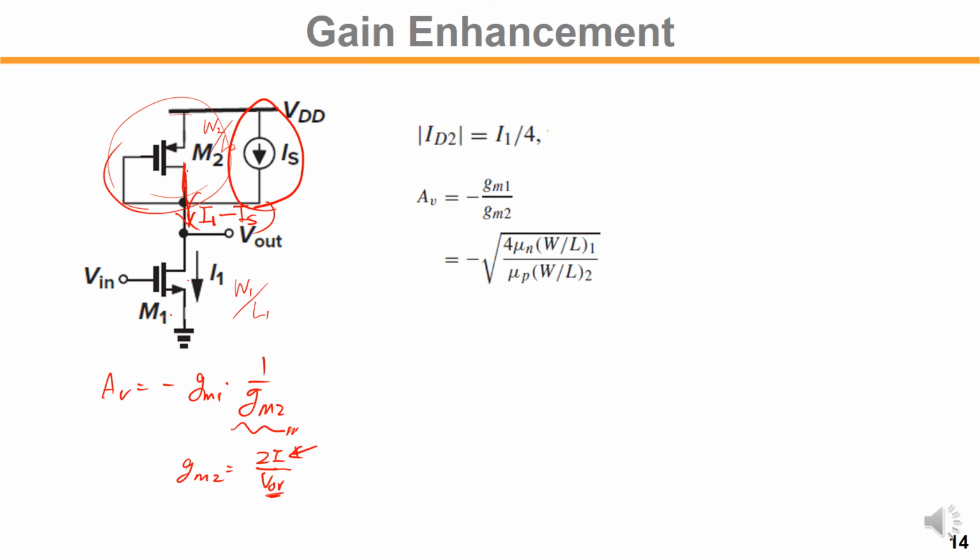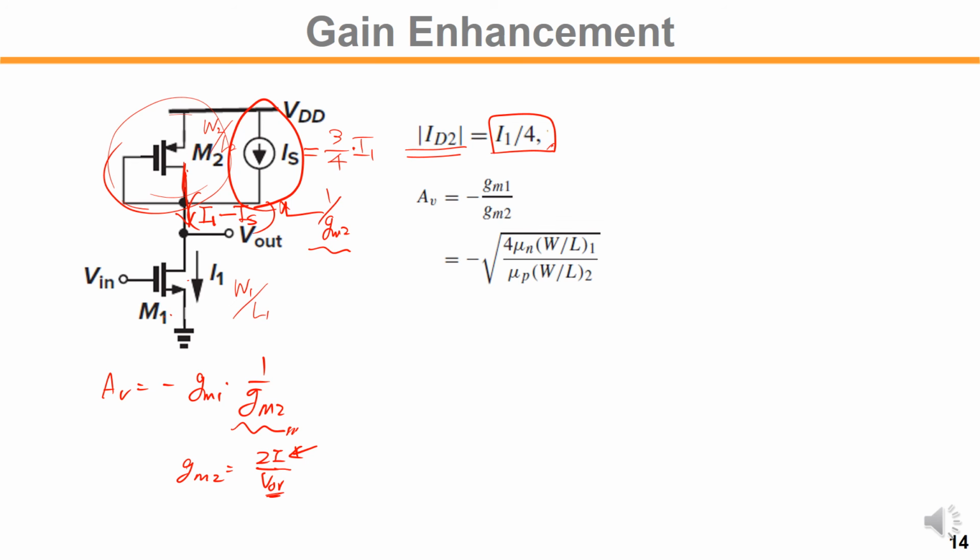In that way, we can increase the output impedance 1 over GM2 by having smaller current, and so we can have larger gain. For example, ID2 is 1/4 of I1, by flowing IS equal to 3/4 times I1.